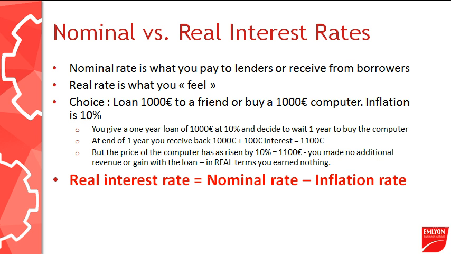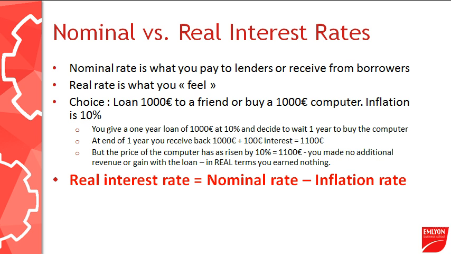Let's say you give a one-year loan of 1,000 euros to a friend at a nominal interest rate of 10%, and decide to wait 1 year to buy your computer. At the end of 1 year, you receive back your 1,000 euros, plus that friend pays you 100 euros interest, 10% of 1,000.